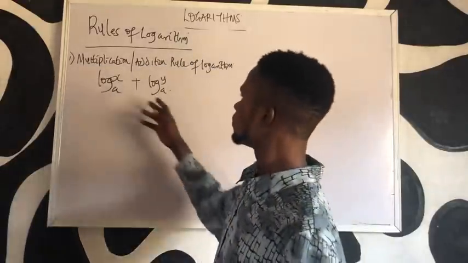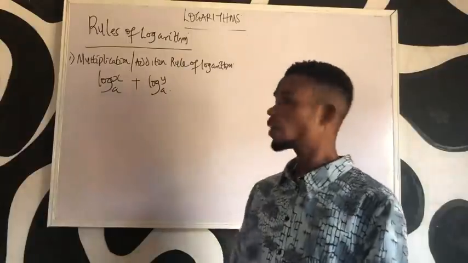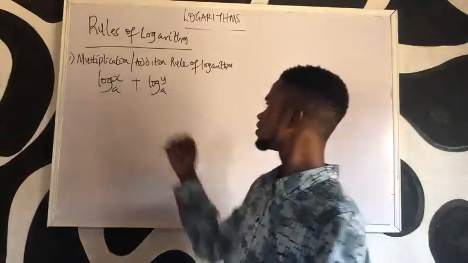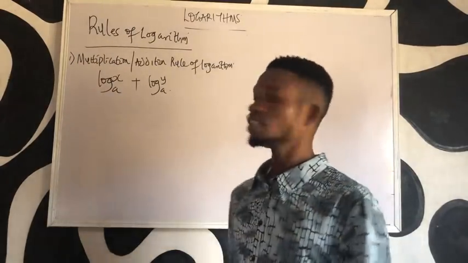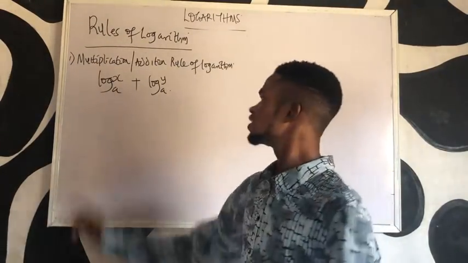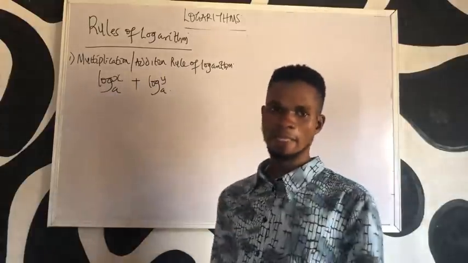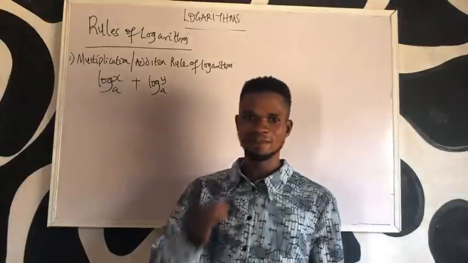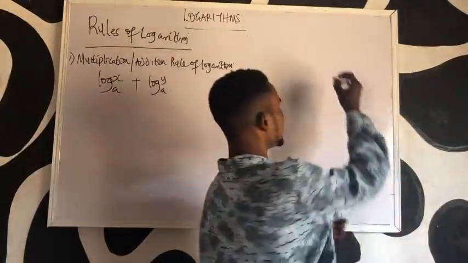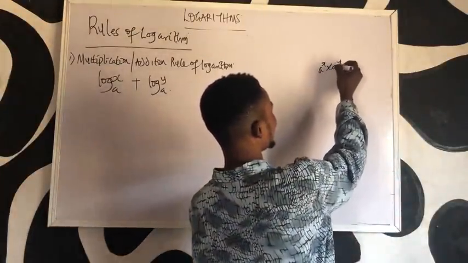Now, these logarithms of numbers are added together. What can we see? We have the same base. But here we have x and y added together. And from the law of indices, when we have a raised power x times a raised power y, they are multiplied together.